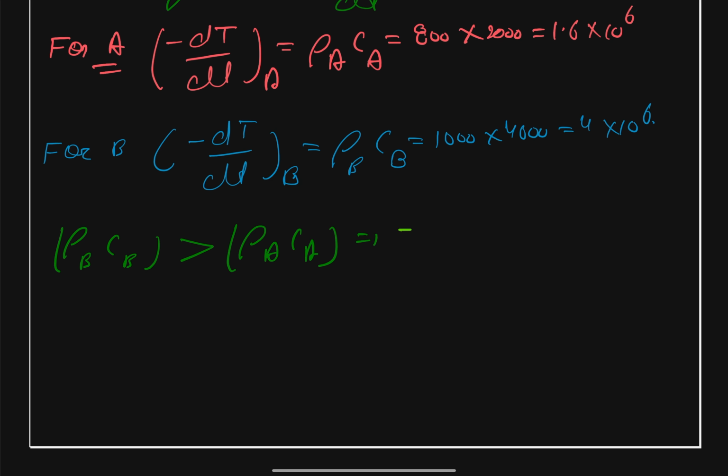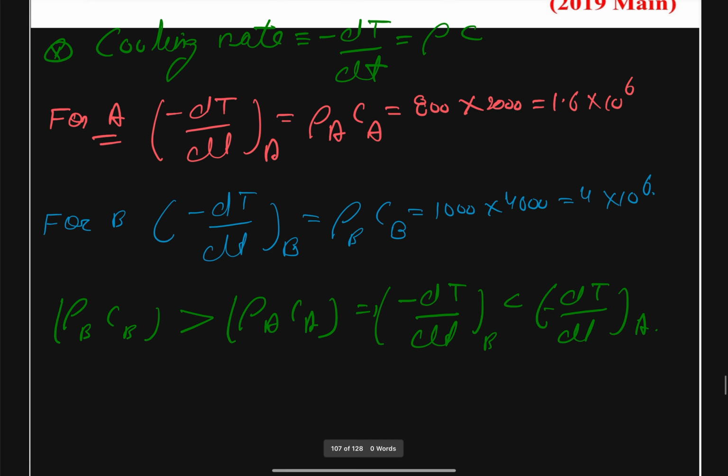So the rate of change of temperature for B will be less than the rate of change for A, and which basically means that there will be only difference of slope of both.